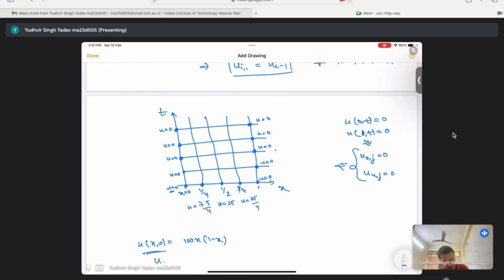You can simply see u(i, 0) is 100 x_i (1 - x_i). So u(1, 0) will be 100 times 1 by 4, times 1 minus 1 by 4, where 1 by 4 is the step size at that point. So it will be 25 times 3 by 4, that is nothing but 75 by 4. In a similar way, you can find all the values at the 0 time step along the x direction.